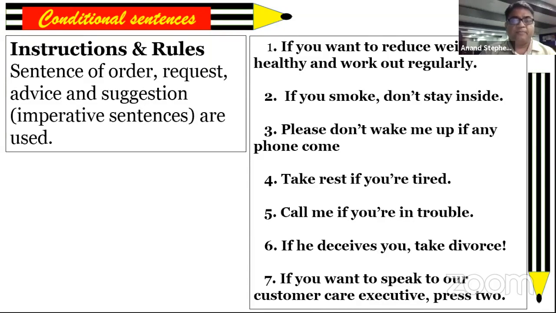So in the second part, in the main clause, we won't find any subject. Look at the example. If you want to reduce weight, eat healthy and work out regularly. In this sentence, the subject is understood, which is you. If you smoke, don't stay inside. Now, it may be an order or advice also. Please don't wake me up if any phone comes.